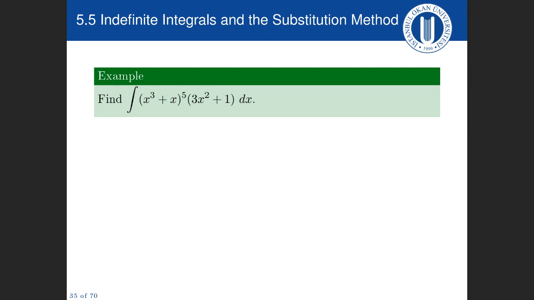So, for example, find the integral of x cubed plus x all to the power 5 multiplied by 3x squared plus 1 dx. To solve an integral like this, we need to make a substitution. We're going to introduce a u, and for this integral, I want to let u be equal to x cubed plus x.